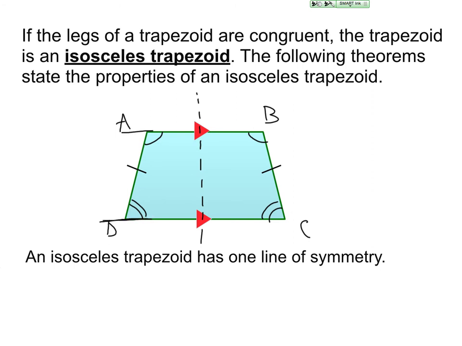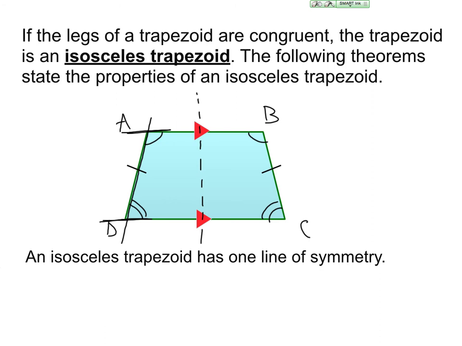Think about your parallels. This side can be thought of as a transversal. Notice they're same side interior angles, and if these are parallel lines, then those would be supplementary. So these two have to add up to 180. B and C would add up to 180, which makes the 360 total for the quadrilateral.